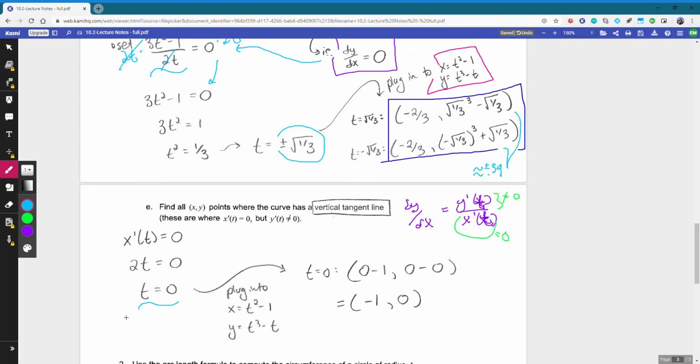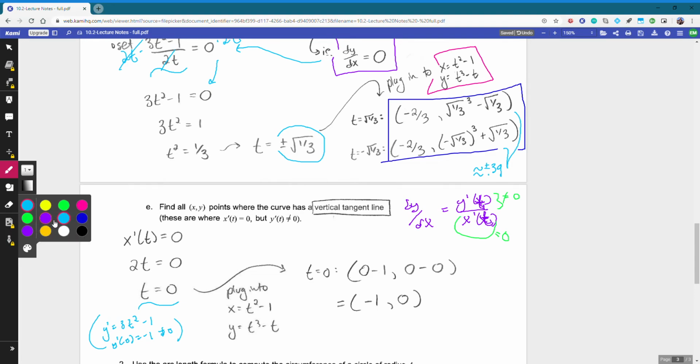And I guess if we wanted to, we could check out y prime as well at t equals 0, right? Y prime would be 3t squared minus 1. And so y prime of 0 is minus 1, which is not 0. And so indeed, this will give us a vertical tangent line at t equals 0.